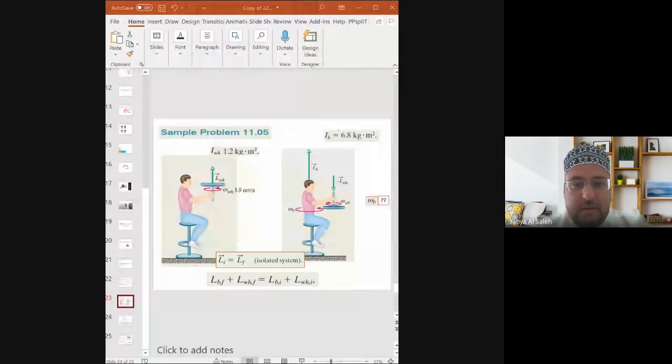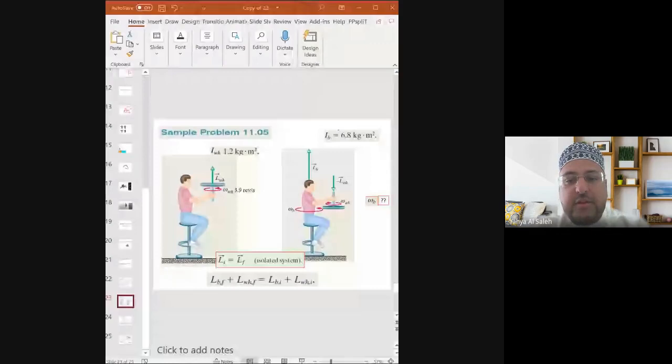Once this whole thing is rotating, the composite rigid body, the student, the chair, and that rotating wheel, has a total rotational inertia of 6.8 kilogram meters squared. What is the angular velocity omega b? What would be the angular velocity of the student?